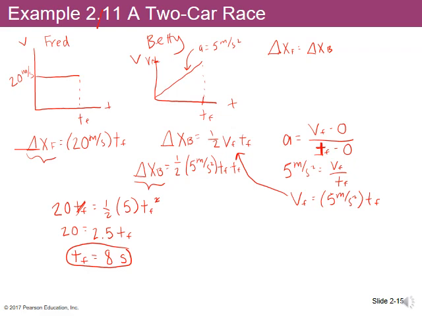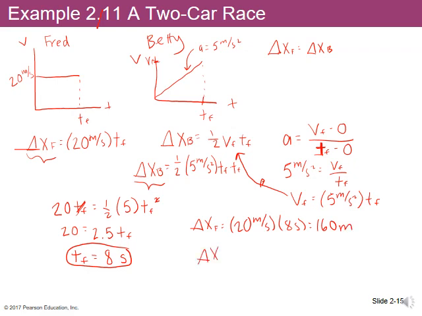But once we have the time, we can come back up here and we have two equations for displacement. We can use either one of those to see how far they each go. And in fact, it's a good idea to use both of those. If they both equal the same amount, then that's a good way to check your work. So, the displacement of Fred was 20 meters per second times the final time, which was 8 seconds, or 160 meters.